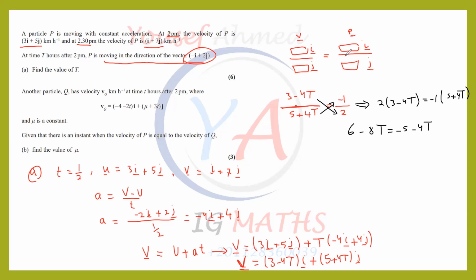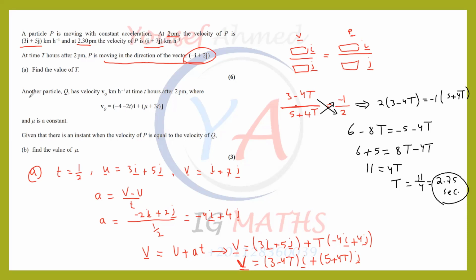Collect the t's together: 6 plus 5, and then 8t minus 4t, so it will be 11 is equal to 4t. So t is 11 over 4, which, if you divide 11 by 4, gives 2.75 hours when it moves in the direction of this vector. So the final answer is 2.75.